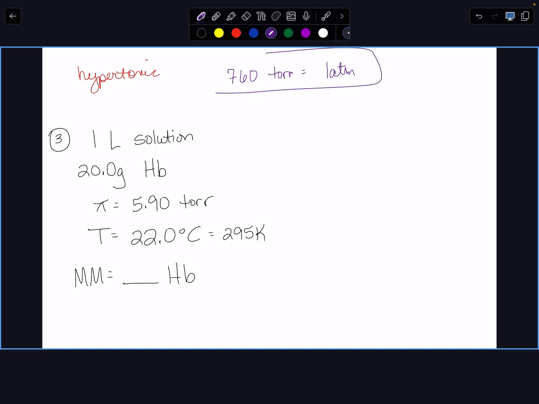Here's your conversion. I'm going to write it in scientific notation, but you can do however you want. I'm going to put 7.76 times 10 to the minus 3 atmospheres. Is that what y'all got when you divided it?